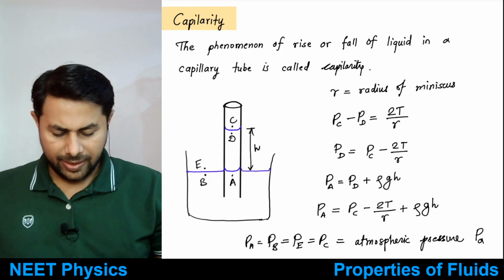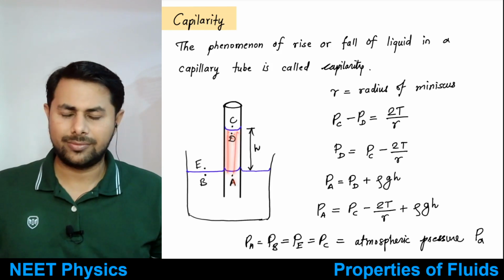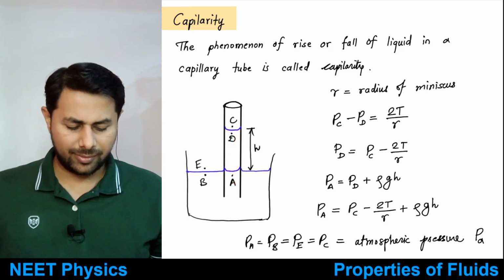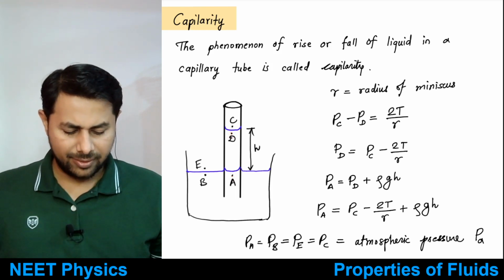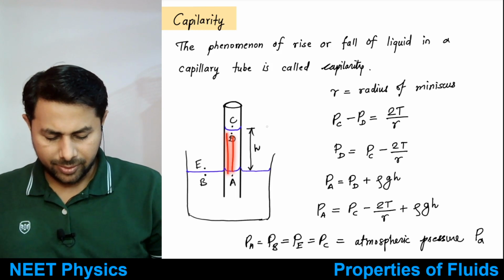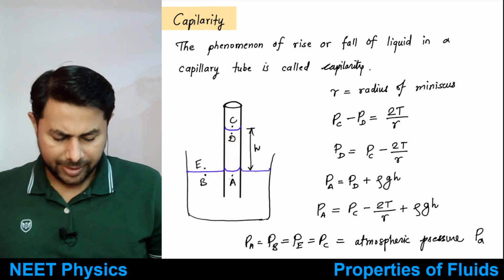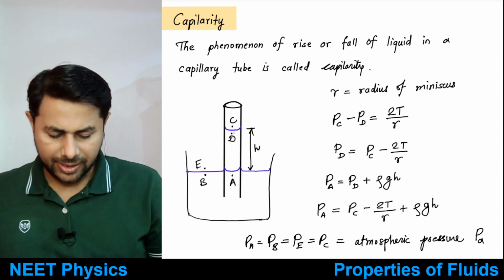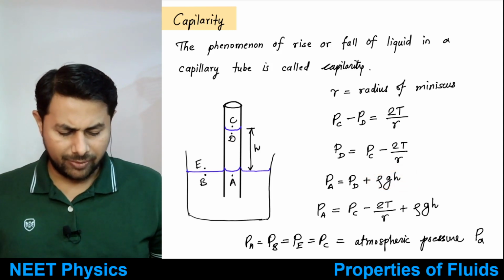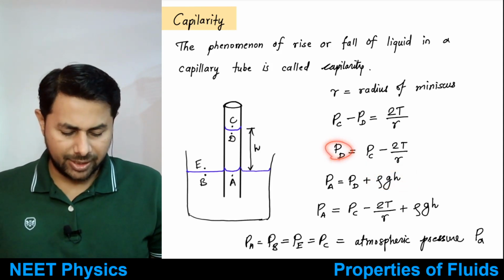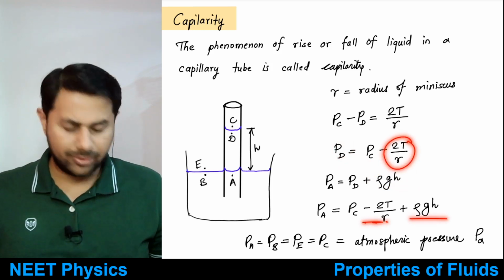And then how much is the pressure difference between point D and point A? It would be equal to rho GH. So pressure at point A would be equal to pressure at point D plus rho GH. And what is pressure at point D? It is pressure at point C minus 2T by R, plus rho GH.